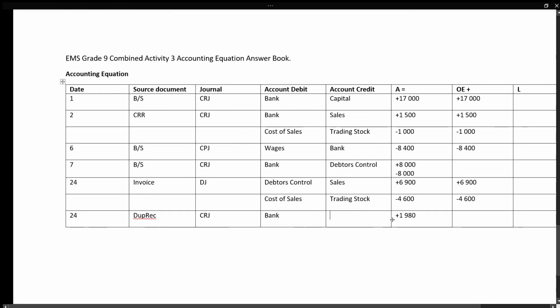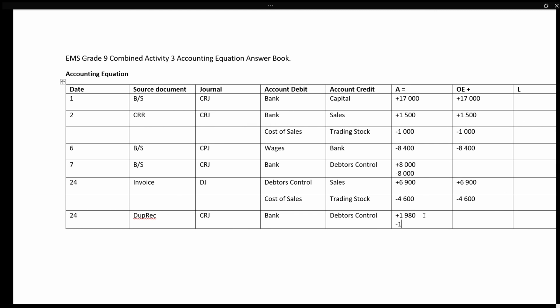Right, so because a debtor is settling their debt, my debtors control account will decrease because they don't owe me the money anymore. Debtors control, also an asset account, will decrease with 1,980 Rand. Remember, assets increase on the debit side and decrease on the credit side. 1,980 Rand minus 1,980 Rand will equal 0 plus 0.